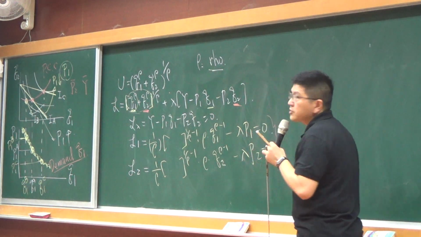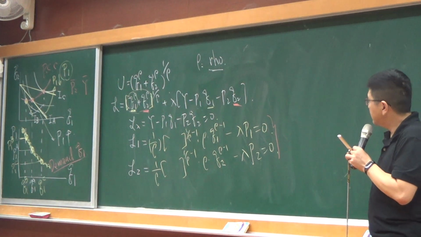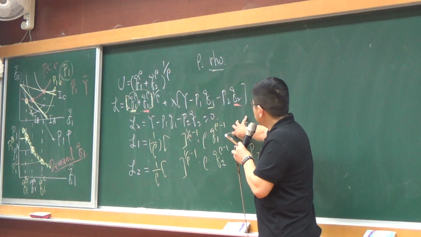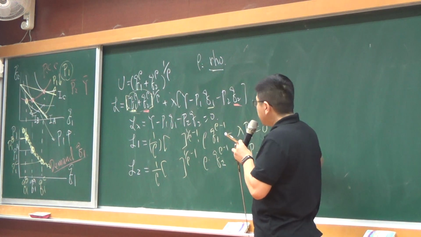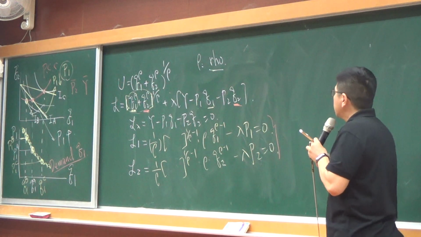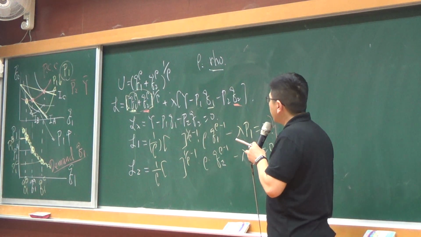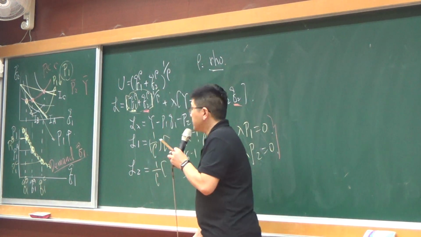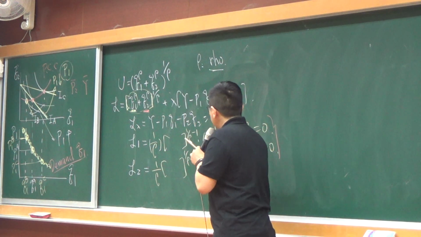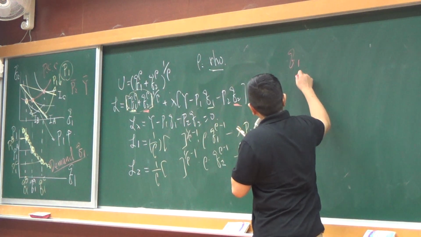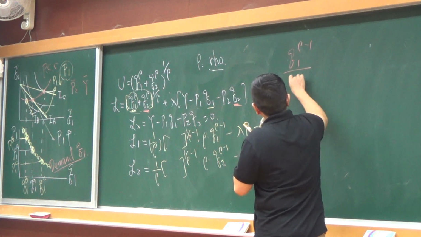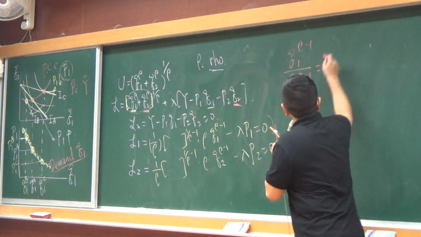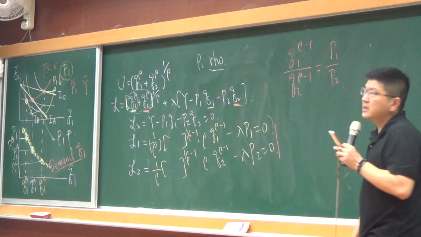Using these two first order conditions, we move the negative term to the right and divide the first one by the second. So this will be cancelled, this will be cancelled, then rho will be cancelled. So it would be Q1 to the power of rho minus 1 over Q2 to the power of rho minus 1 equals, lambda will be cancelled, P1 over P2. Is that right?